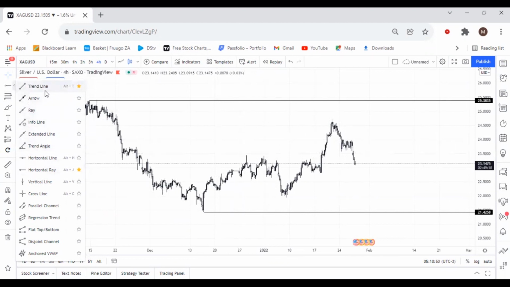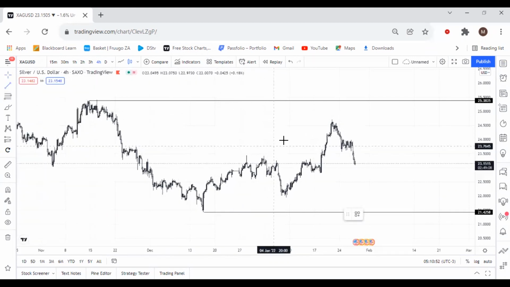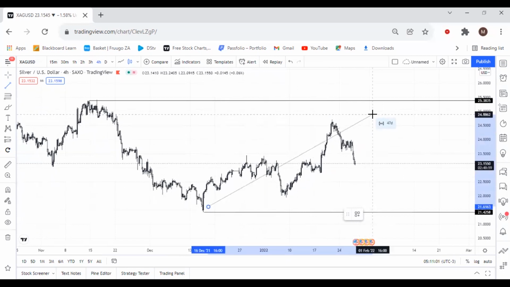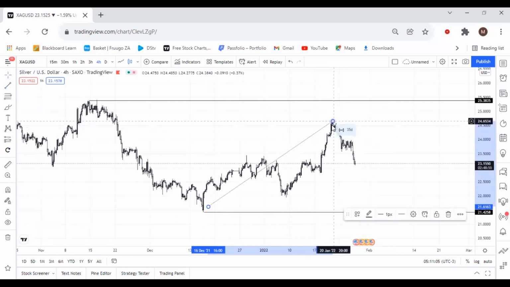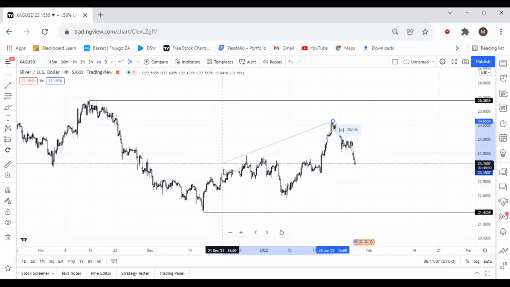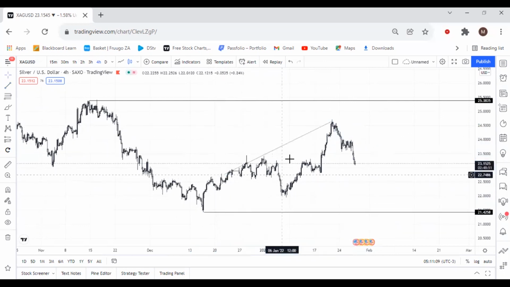I'm just gonna quickly get my trendline tools, and as you can see, we're kind of having this ascending structure. You can connect your touches, but it's not a very ideal structure.